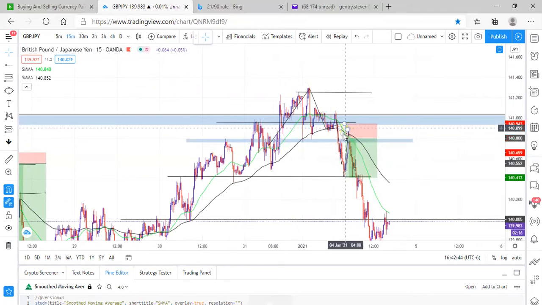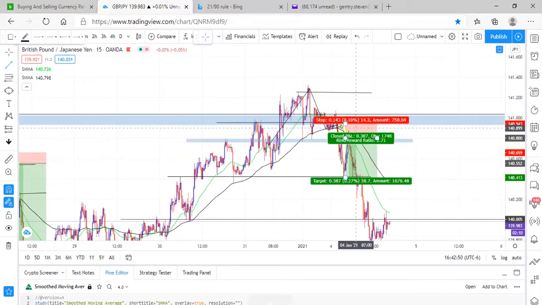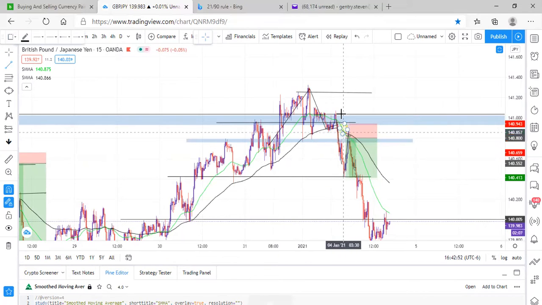We got an SMA cross, and right after that SMA cross, we got price come from right there, shoot all the way down, retest the SMAs, and then sell all the way off.